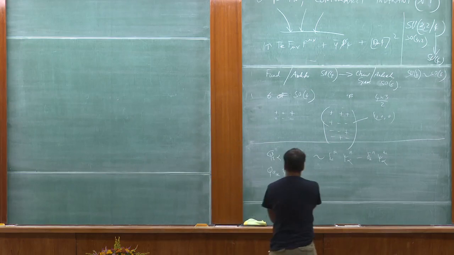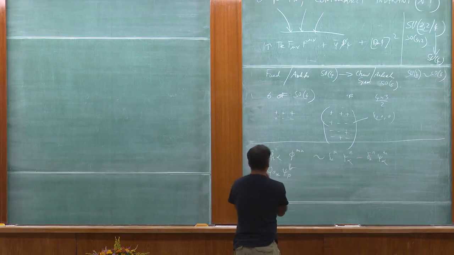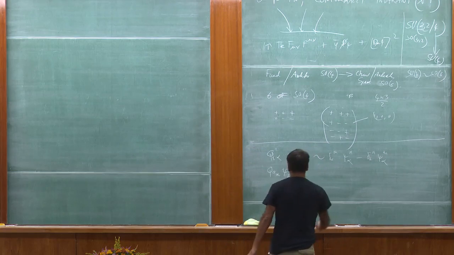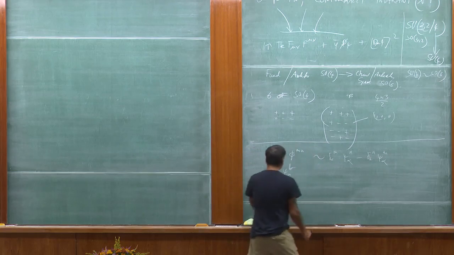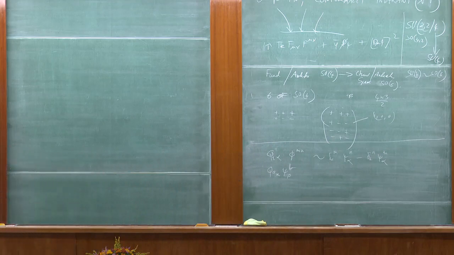It could be a vector under space-time. It should be either a scalar or a vector under space-time. It has to be derivative, right?